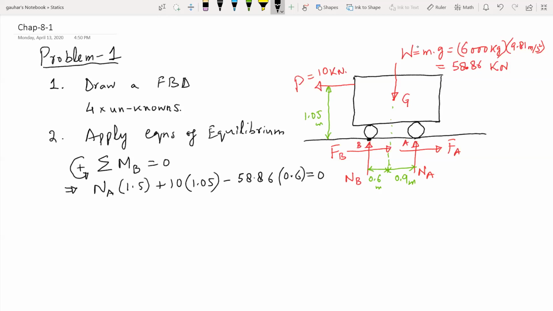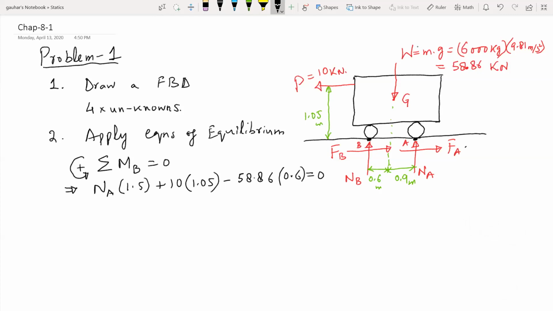So these three forces are creating moments at point B, right? FA and FB are not creating moment because they are passing through point B. We have shown them just for convenience at this place, but in fact they are acting at this point. So both FA and FB are passing through point B, so they are not creating any moment.